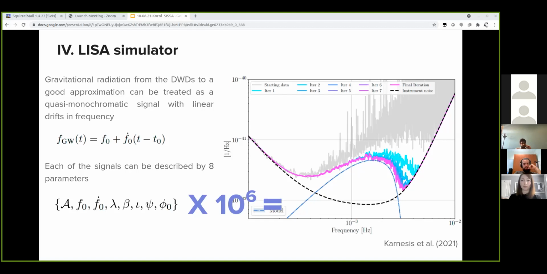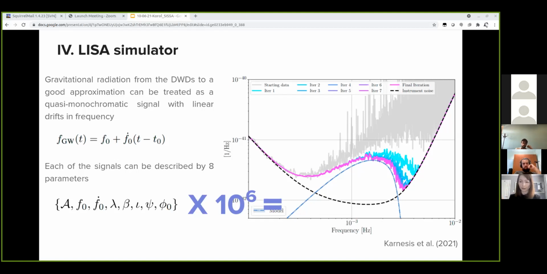For example, in this plot, I used an iterative technique that uses a median smoothing of this power spectrum, and then progresses removing binaries with a signal to noise ratio above a pre-established threshold, and repeats this procedure until the whole thing converges.